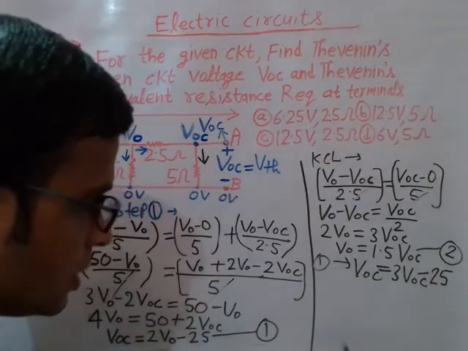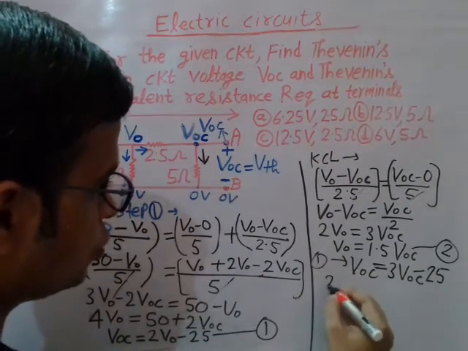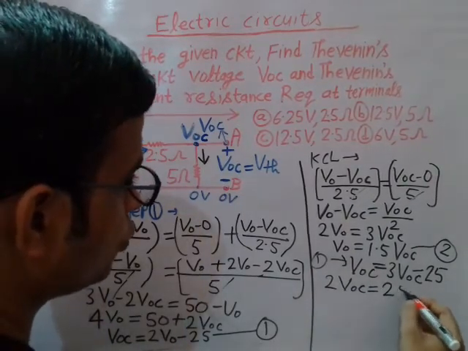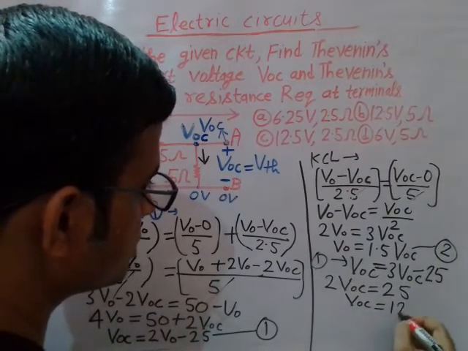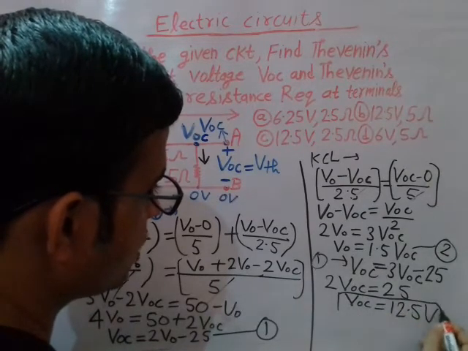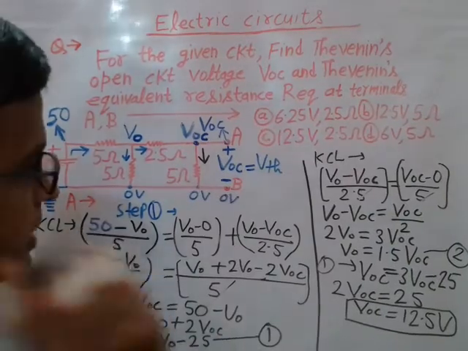Or from here you can get 2 VOC equal to 25, or you can write VOC, the open circuit voltage, is 12.5 volt. You have calculated this open circuit voltage. Now step number 1 is completed, right?